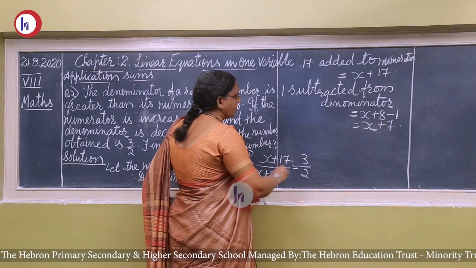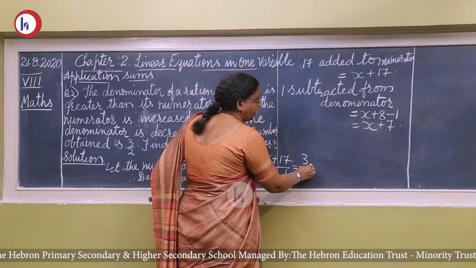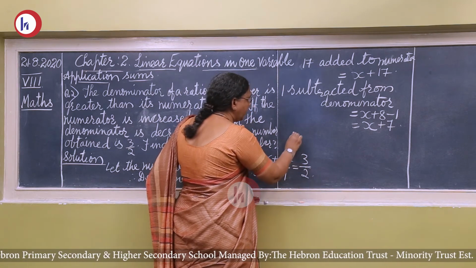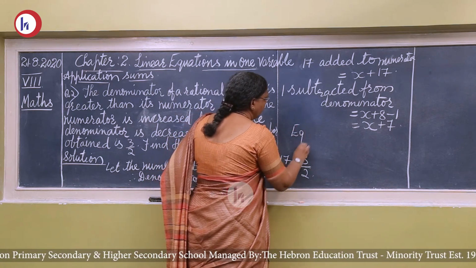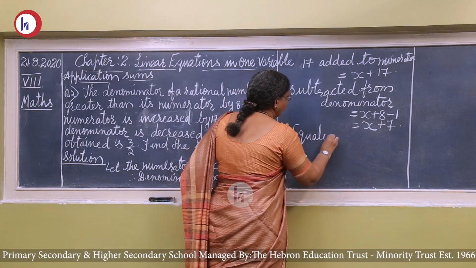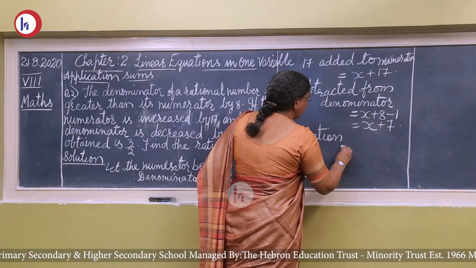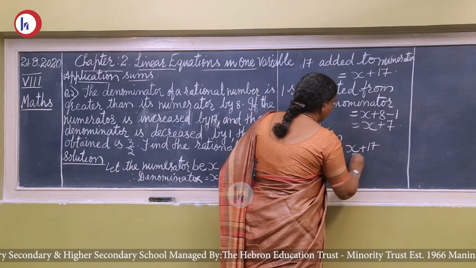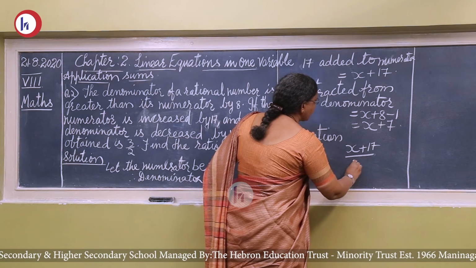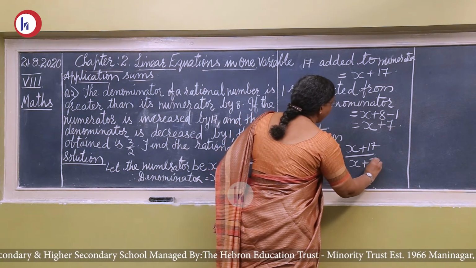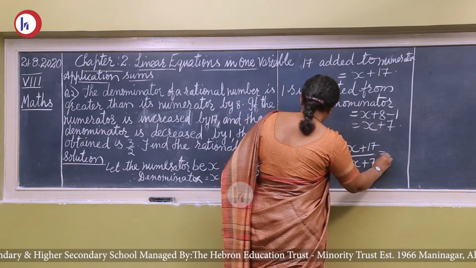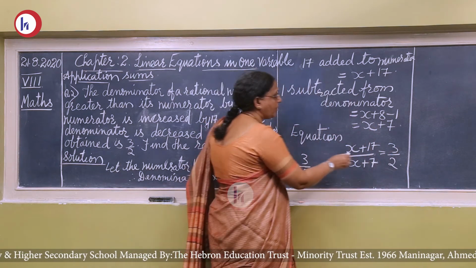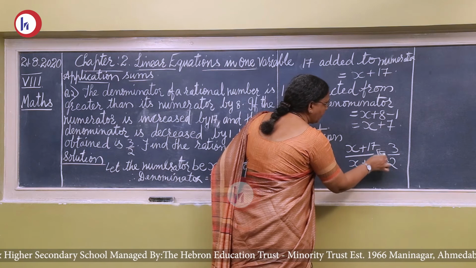Now, again it is given that when we find this, the number will be 3 upon 2. So the equation we are getting is x plus 17, the numerator, upon x plus 7, the denominator, is equal to 3 upon 2. Now, solve the equation by using cross multiplication.